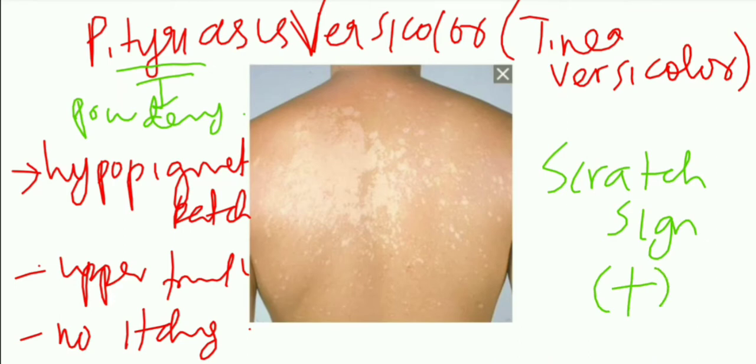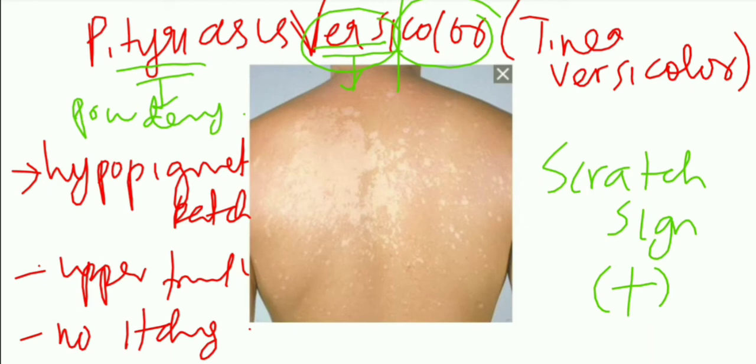Next, versicolor. Why this name versicolor? It actually means it can have various colors. It can be hypopigmented, hyperpigmented or erythematous, but mostly what we see is hypopigmented patches. So this is a case of acquired hypopigmented patch.